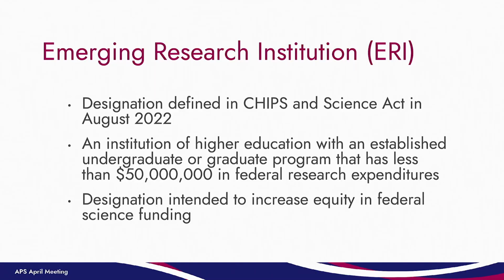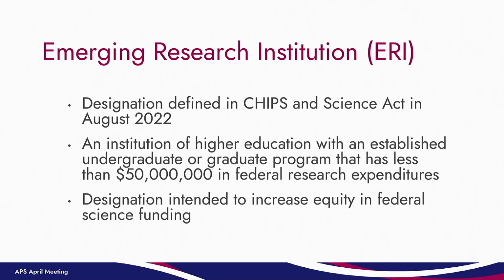To be an emerging research institution really just has to do with how much funding you are currently receiving. And the idea for this, as was the point of Anna's talk, is to increase equity in federal science funding. There are a lot of grants currently, and the program that I'll mostly be talking about today, I was able to get because Sonoma State is a minority serving institution.